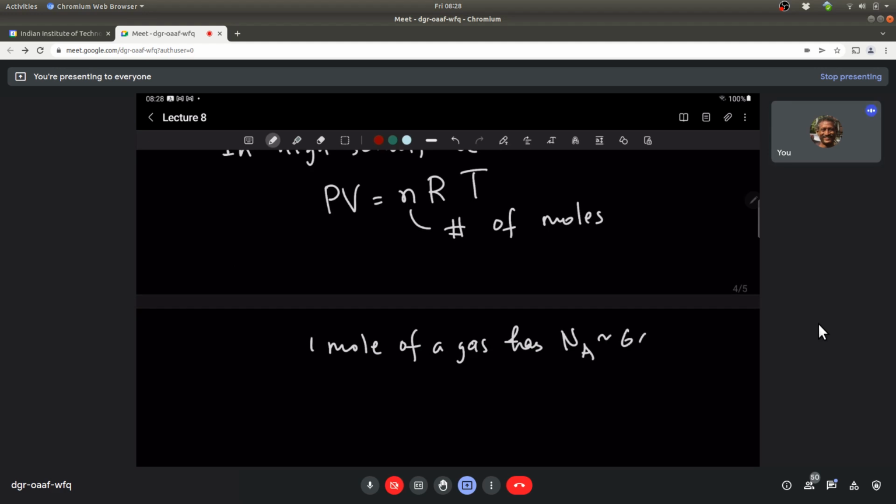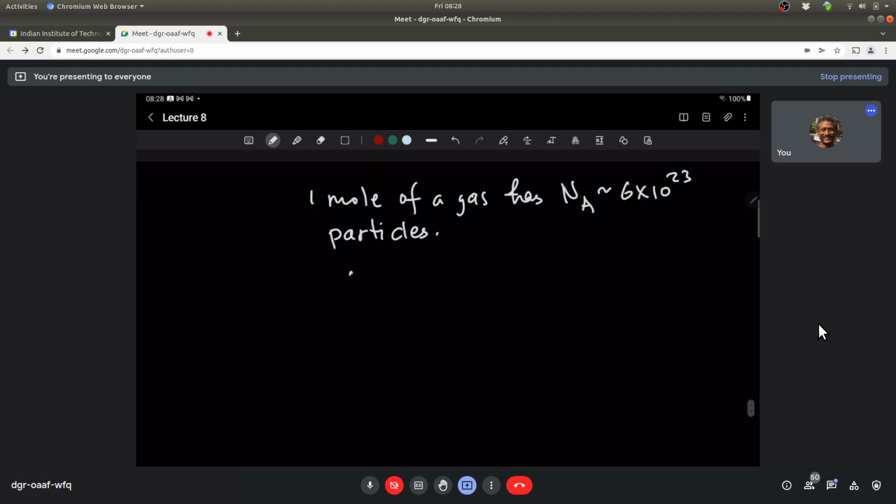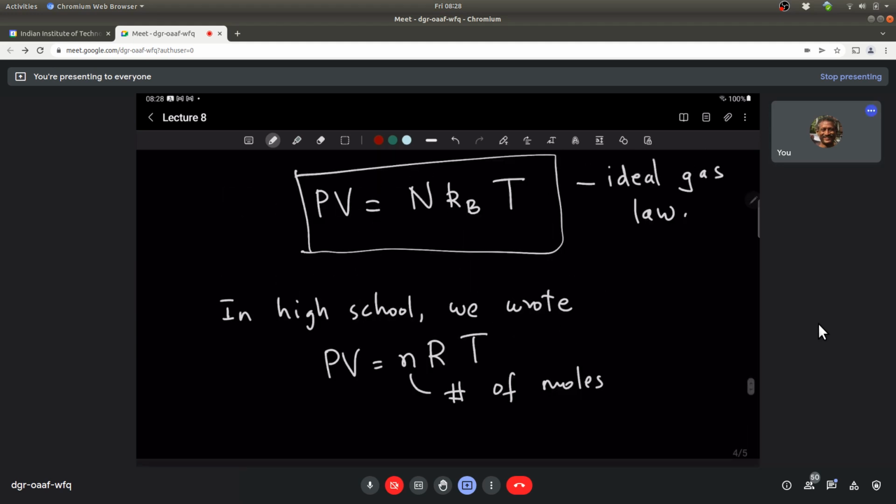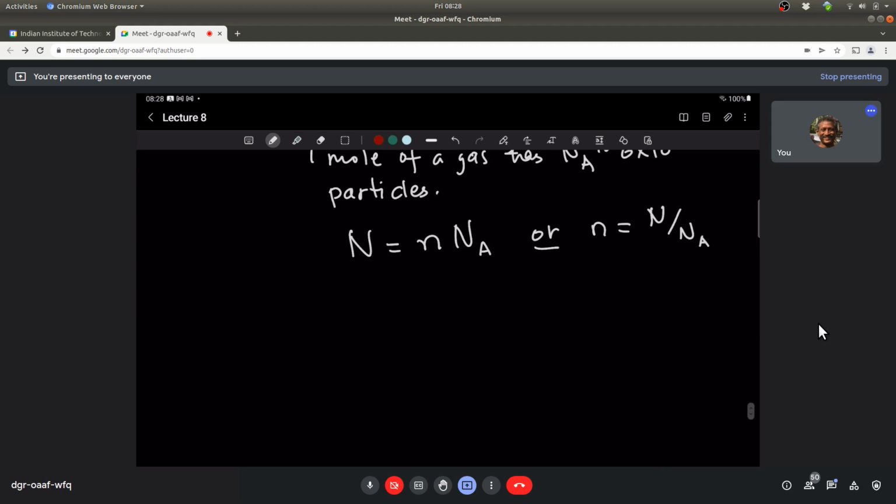It's approximately 6 times 10 to the power 23 particles. So what we get is N is nothing but little n times NA. Just looking at that, we can compare these two and we get a relationship: R is Avogadro's number times kB.